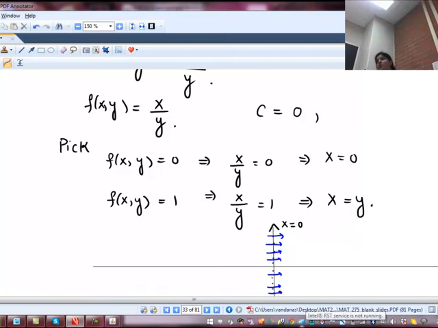I picked a slope and drew a curve, and so far these blue lines are the direction field, and this black line which I drew here, which is x equals 0, is called an isocline.